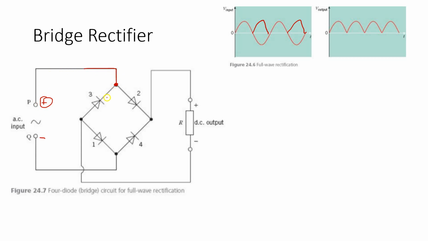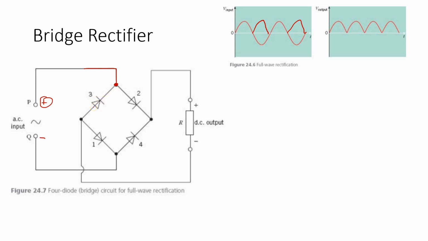Whenever it reaches this junction, it's almost like a snail, and it wants to find out which path it is going to take to flow. Now remember that if you have positive going to negative in terms of the diode, then that is going to be reverse bias.